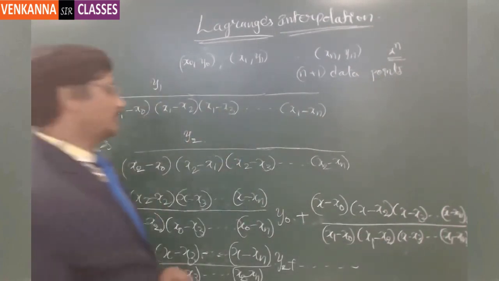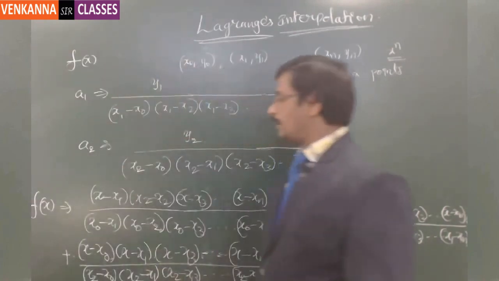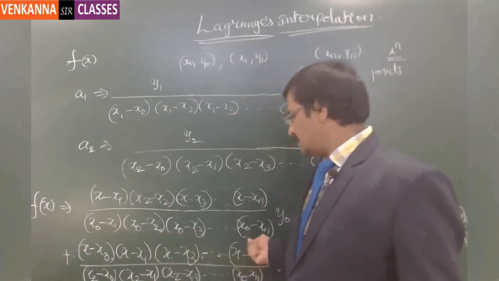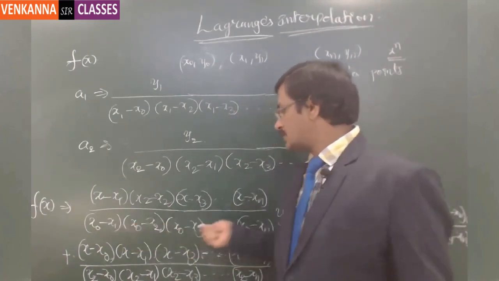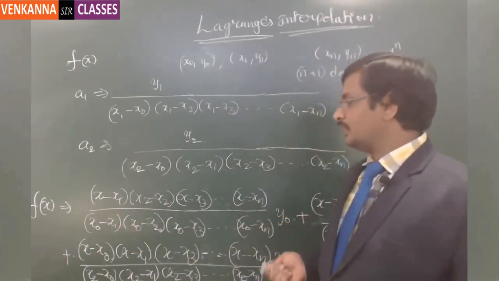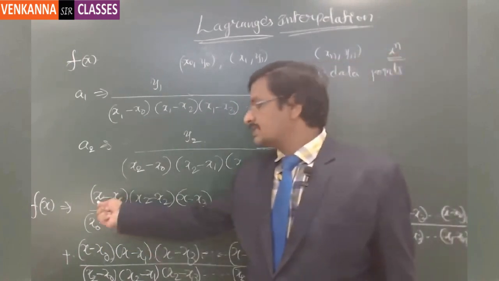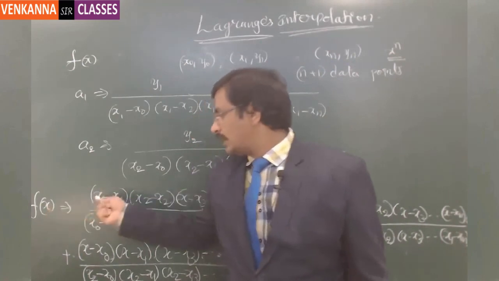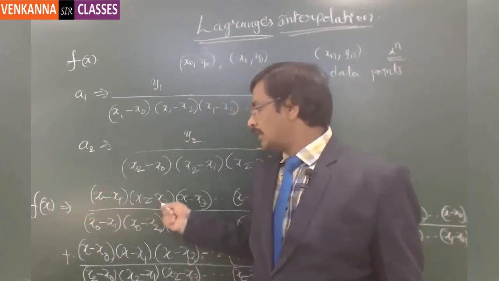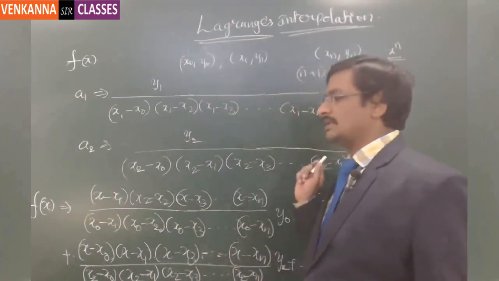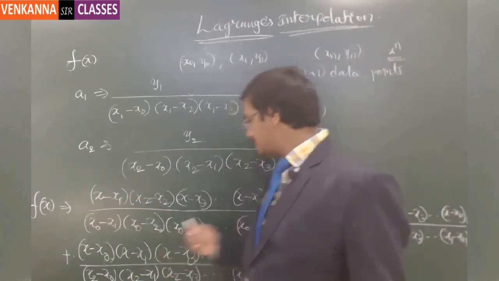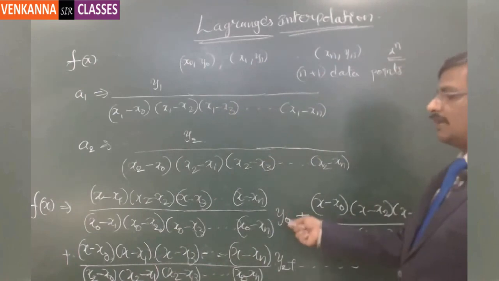Got it? Here if you notice, for the first data point in the denominator, x0 will be there first, and then x1, x2, x3, x4 like that till xn. In the numerator, this is a variable for which you wanted to find out the value. So x minus x1, x minus x2, x minus x3, x minus xn like this, leaving x0 out, and this multiplied with y0.